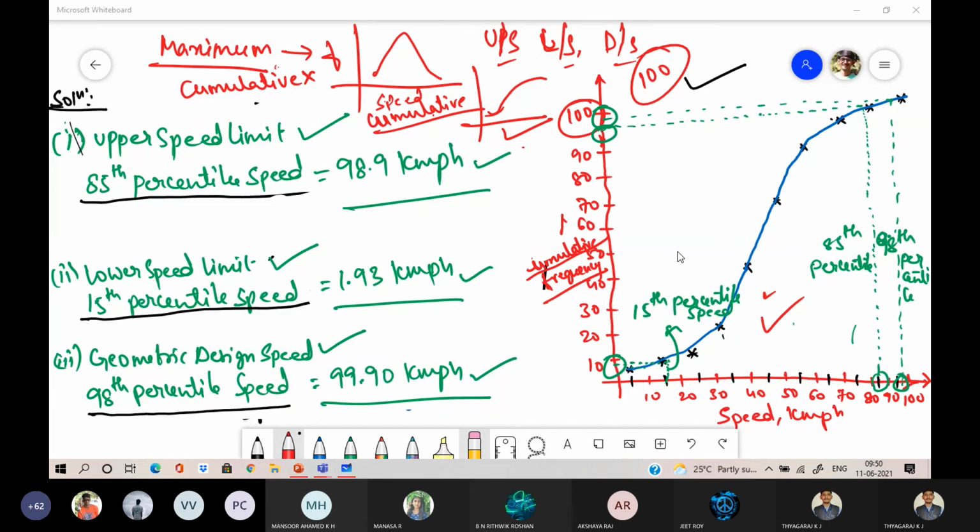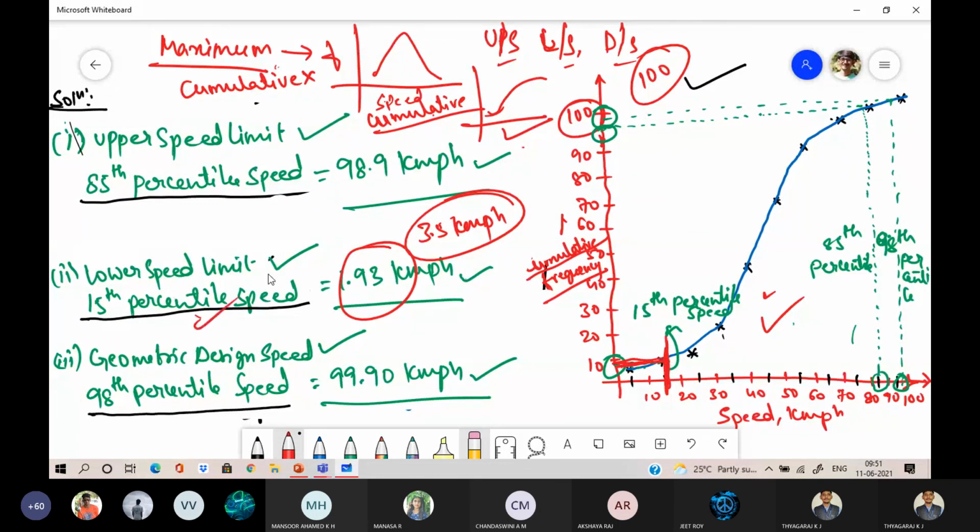Yes, tell me. Sir, I got lower as 3.5, sir. 3.5. Okay. So I thought it should come 3.5 like that. Okay, so sir, for 15, you draw a vertical line here. For 15, it will cut the curve, project it on the y-axis.